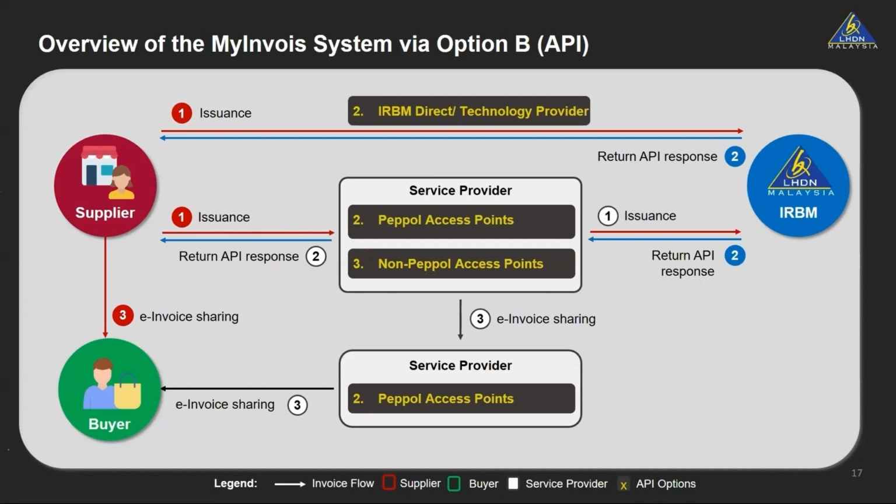This slide shows the overview of the API option, where the taxpayer can transmit directly either from your ERP system or through a service provider, be it a Peppol access point or a non-Peppol service provider.